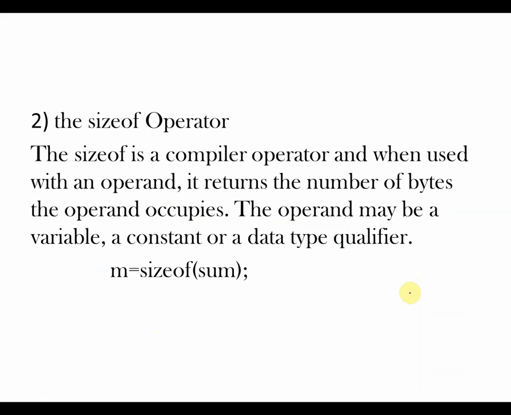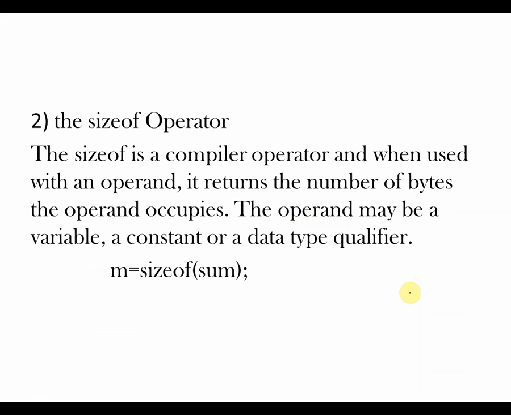The next type of operator is the sizeof operator. Now the sizeof operator is a compile-time operator, and it is used with an operand whenever you need to know the number of bytes that operand occupies in memory.